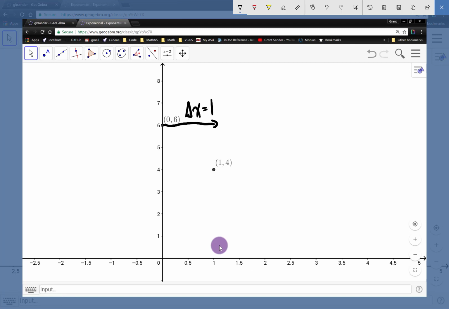And then as x varies from 0 to 1, y varies from 6 to 4, which is a change in y of 4 minus 6, which equals negative 2. And therefore, this linear function has a constant rate of change of negative 2. Anytime x changes by 1, y changes by negative 2, and therefore we have a slope, or a constant rate of change, of negative 2.